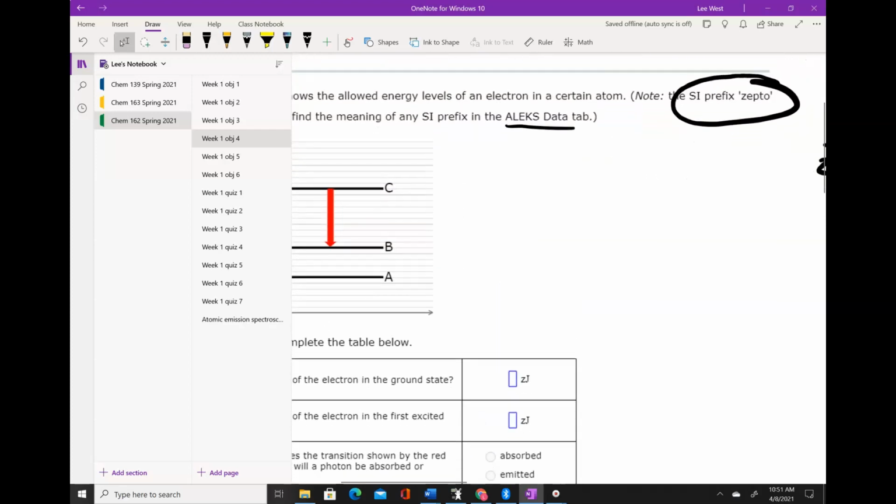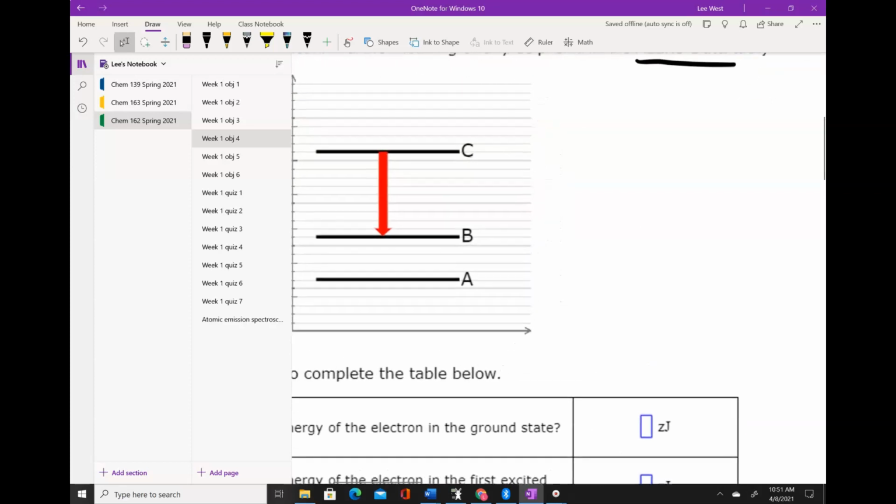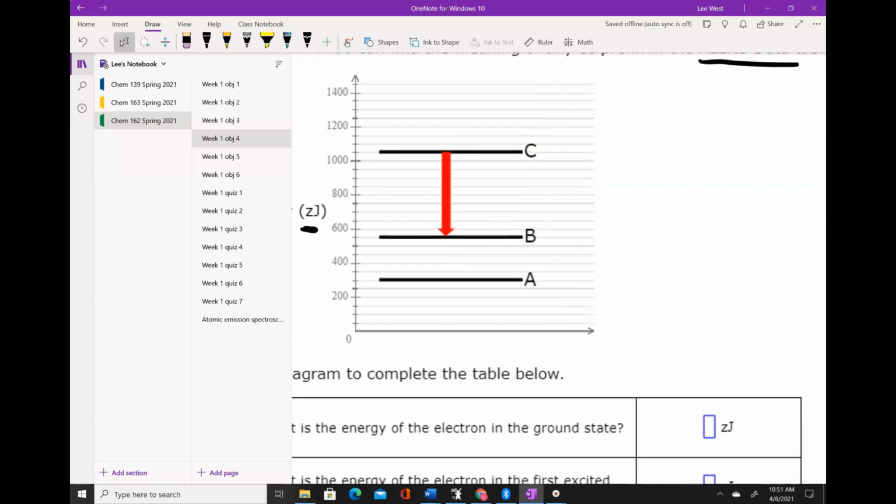So let's have a look at this energy diagram and see what everything is. A is the lowest lying one. That's the ground state. Let's figure out the scale. So there's 200, and so we've got 50, 100, 150, 200, 250, 300. So A is at 300.